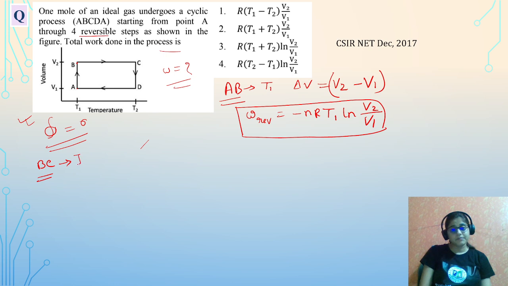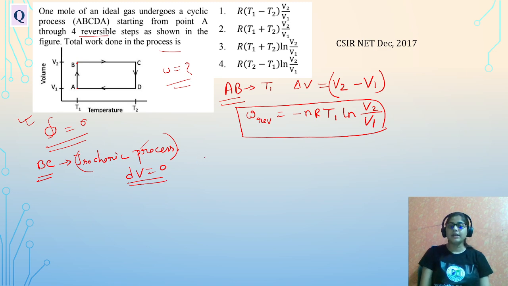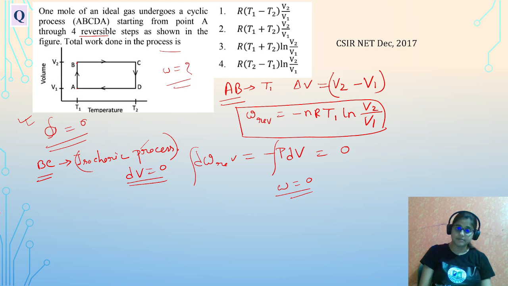So it is an isochoric process, right? For an isochoric process, dV equals 0. We know work reversible is minus PdV. So as dV equals 0, dW equals 0. So work will be 0 for the case of BC.